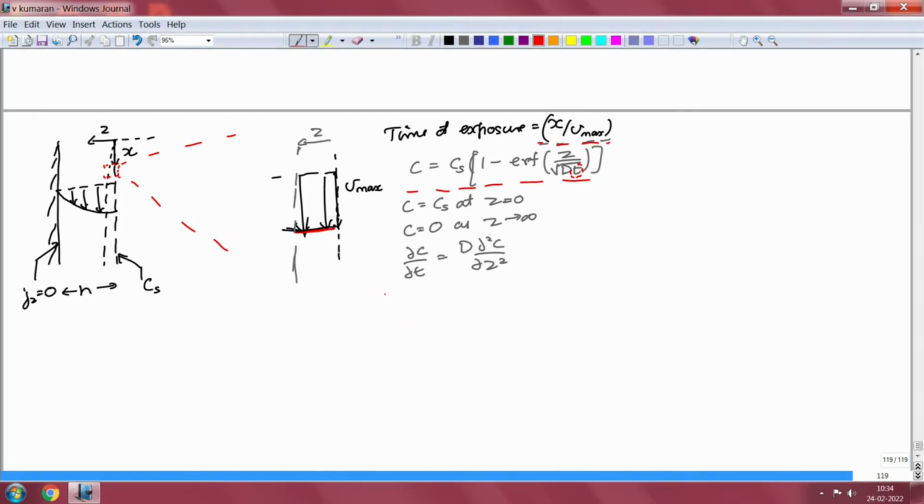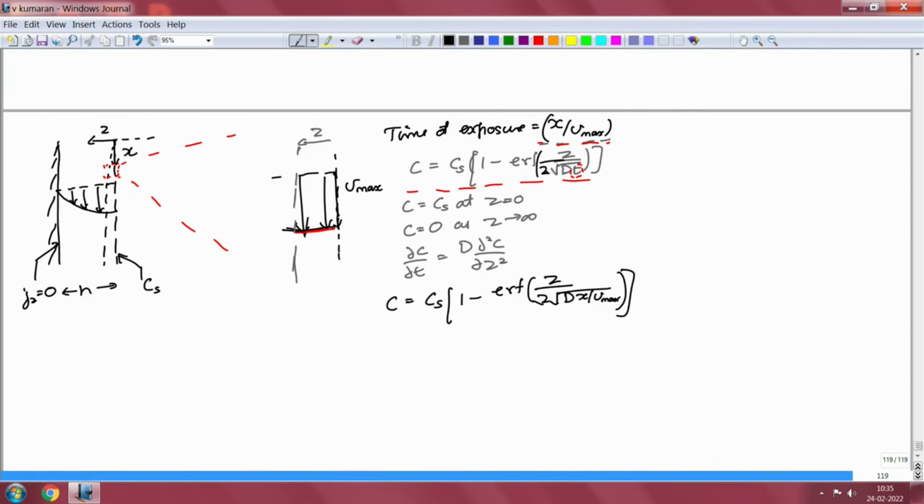So, the solution for the spatially varying problem is C is equal to Cs into 1 minus error function of z by, I made a mistake here, it should be 2 root D t, so I will get z by 2 root of D x by V max. So, this is the solution I would get for an exposure time x by V max.